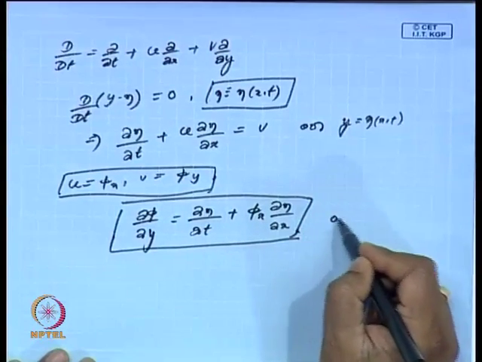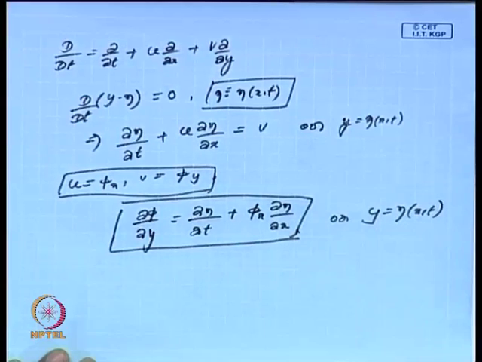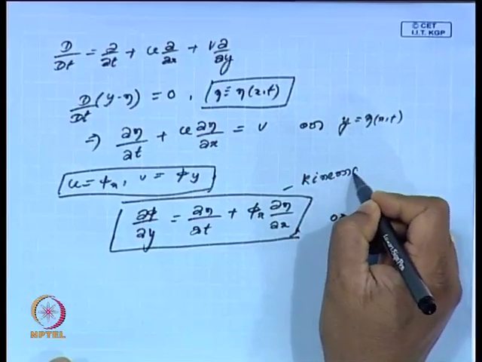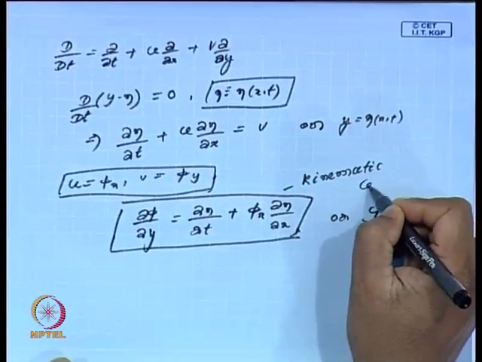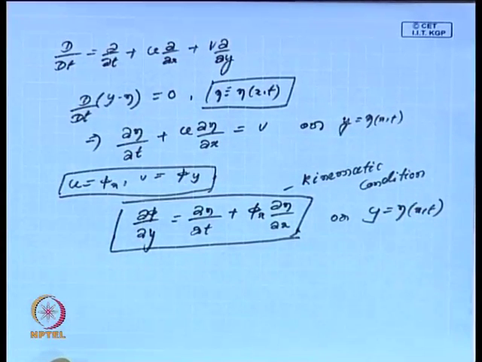And this is satisfied on y is equal to eta(x,t). In fact, this condition I call my kinematic condition, and it is satisfied on the free surface. So, there are two conditions which are satisfied on the free surface. One is the dynamic condition, the other is the kinematic condition.